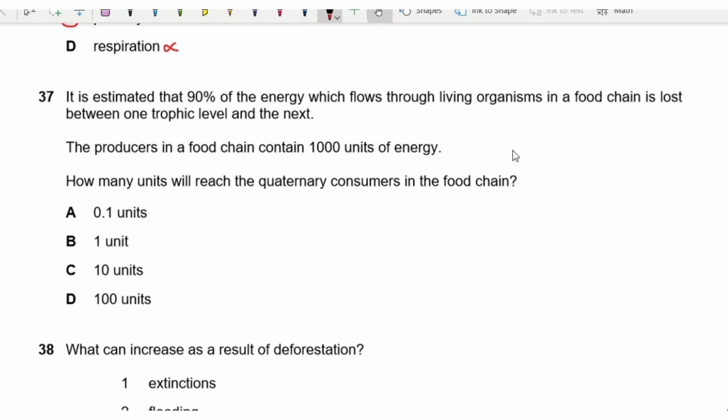How many units will reach the quaternary consumers in the food chain? So this will take us to the food chain, where we have producers, then the primary consumers, then the secondary consumers.